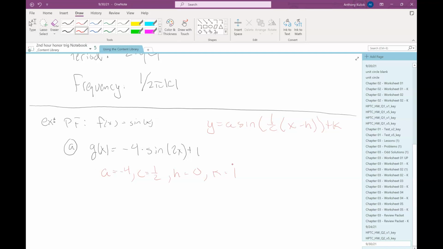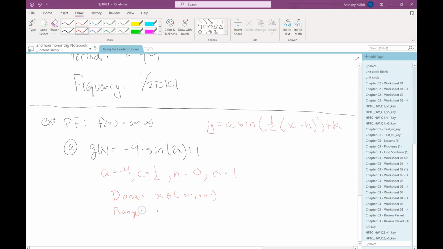What I'm more interested in here is doing the domain, the range, the amplitude, the midline, the new stuff. So what's the domain going to be? Just all real numbers again. We identified earlier that the domain isn't going to change.